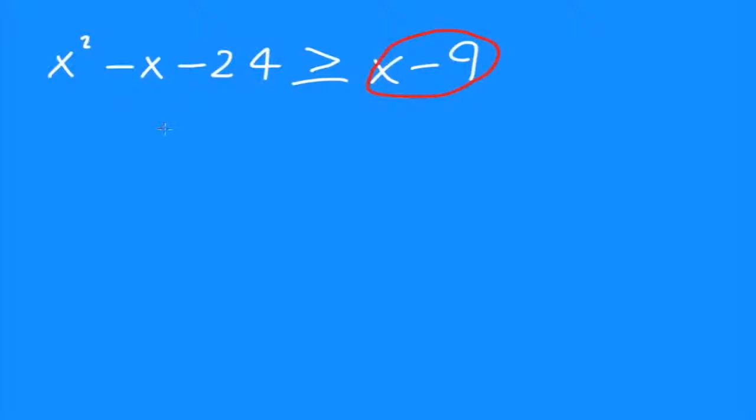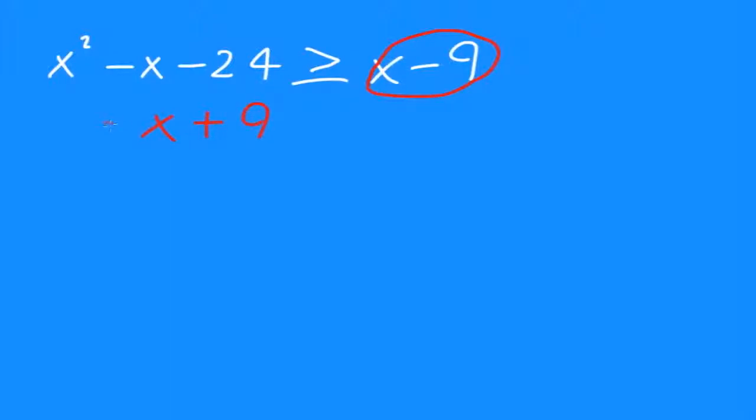So we have this inequality, x squared minus x minus 24 is greater than or equal to x minus 9. What you want to do is get x minus 9 over here, okay?